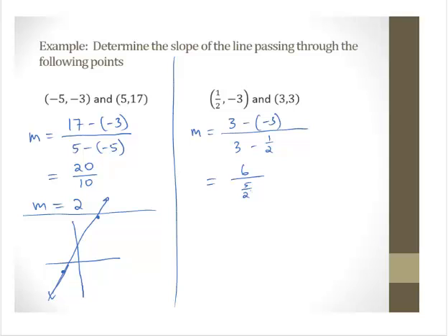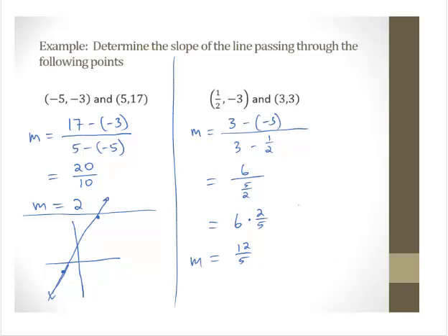Now 6 divided by 5 halves, when we divide by a fraction, that's equivalent to multiplying by its reciprocal. So that's 6 times 2/5, or 12/5. So the slope of the line is 12/5.